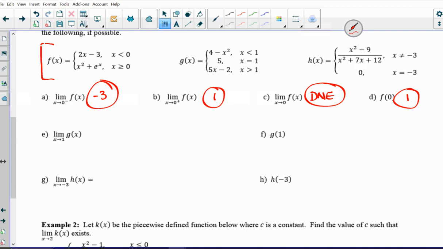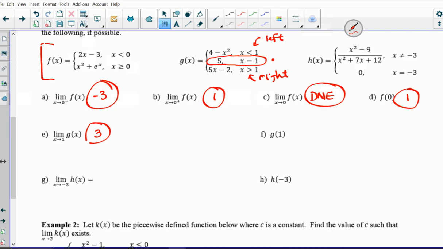Okay. E, limit of g of x as x approaches 1. 3. It is 3, but let's look at why. This piece in the middle here, this 5 at x equals 1, that's just a single point. Okay? This is actually from the left, and this one is from the right. So you don't even need that middle piece when you're evaluating the limit.